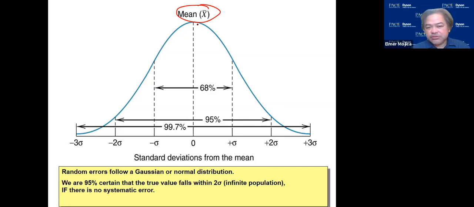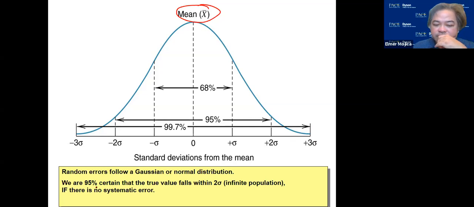As the value goes away from the mean, plus or minus 1 standard deviation covers 68%, plus or minus 2 standard deviations 95%, and plus or minus 3 standard deviations even more.